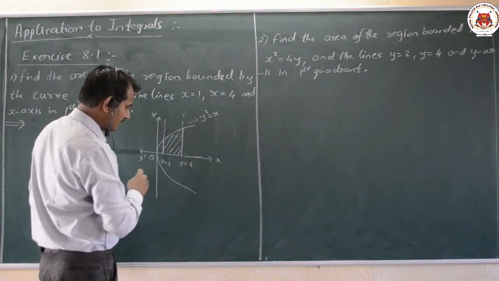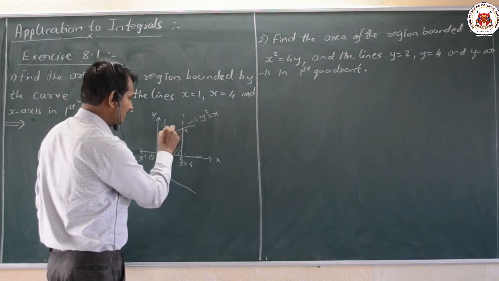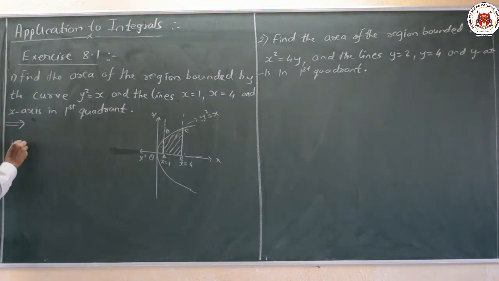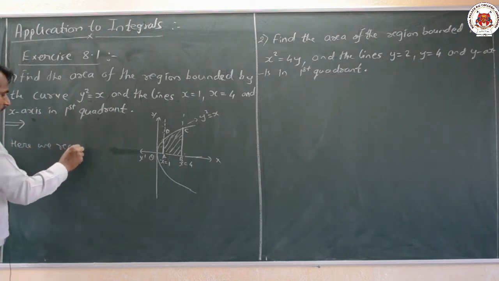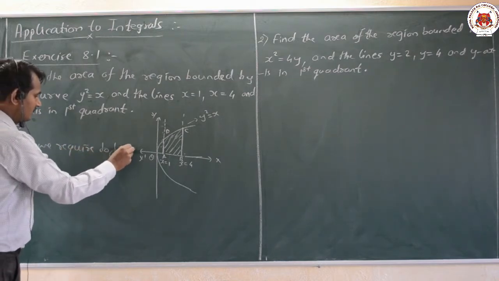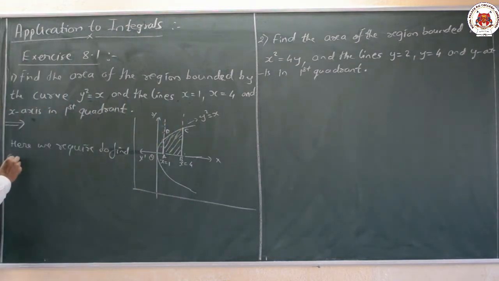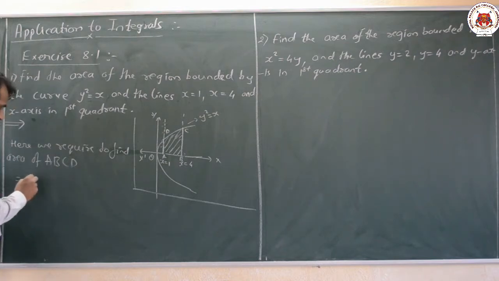Let us take the points as A, B, C, D. We require to find the area of ABCD, which is nothing but the integral from x equal to 1 till x equal to 4.